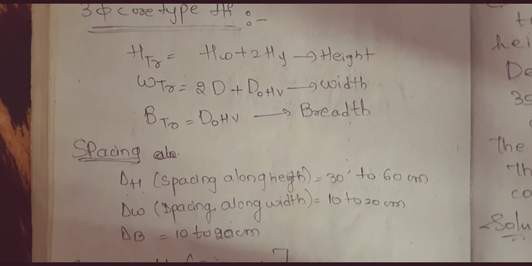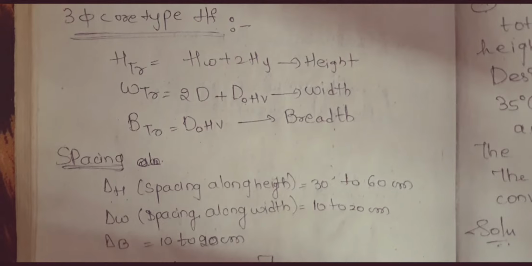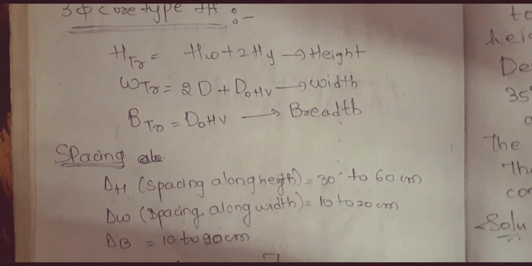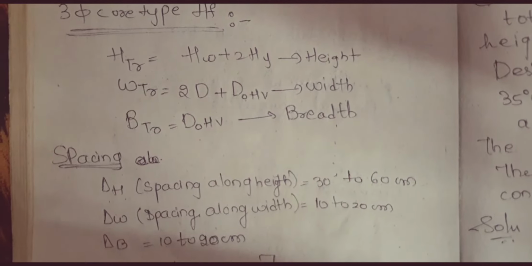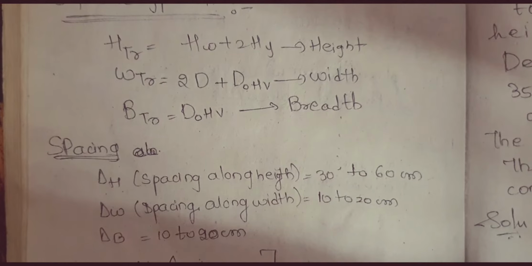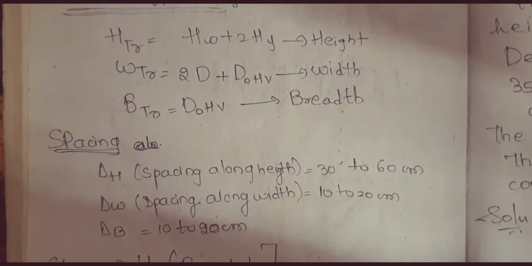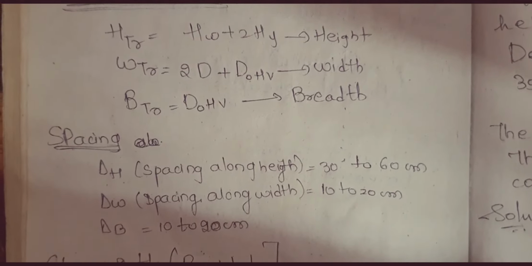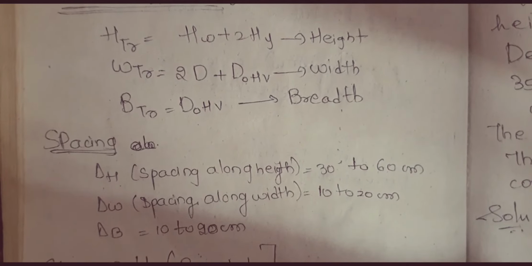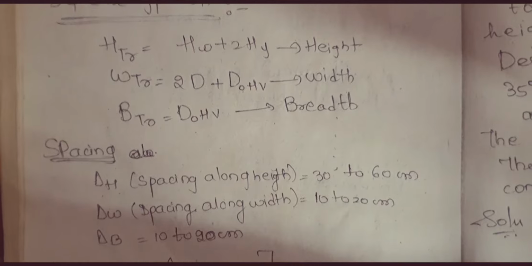Delta H is the spacing along height and it is 30 to 60 centimeter. Remember, whenever we are given a range, take the average value. Delta W is the spacing along width, in the range of 10 to 20 centimeter. Delta B is the spacing along breadth, also in the range of 10 to 20 centimeter.